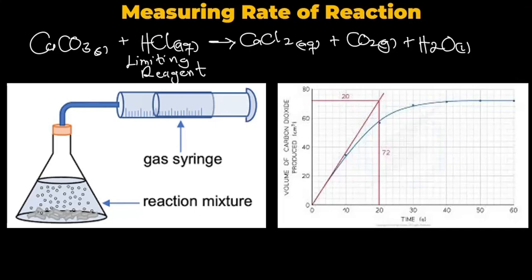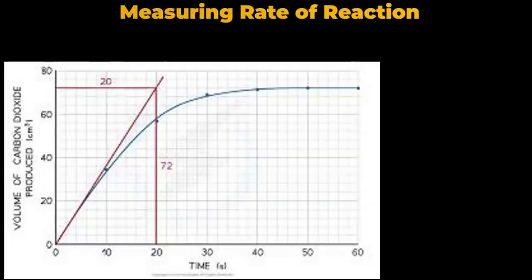All right. Now, from this graph, you should be able to calculate the rate of the reaction. So how do you do that? Now you look at the graph, you draw a tangent touching the curve through the zero axis. So a very straight tangent over here.